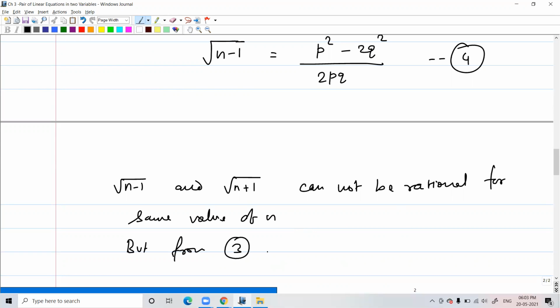But from equation 3 and 4, okay, the order how we should write it is like this. Let me write it.